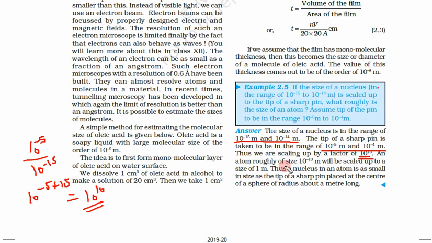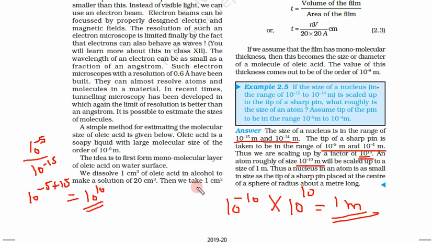And now what is the size of the atom? The size of the atom is not written here. The size of the atom is 10 to the power minus 10 meter. Now we have to magnify this as well. So multiply with 10 to the power 10. So we get the size of the atom as around 1 meter.